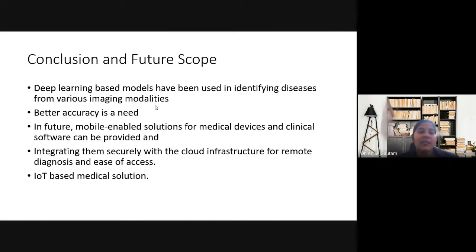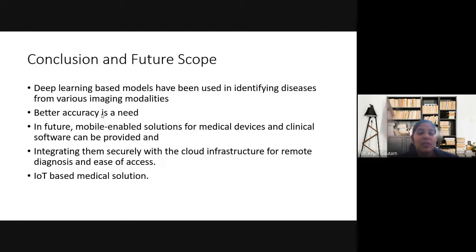And for the future, we can design the algorithm in such a way that we can have better accuracy, so that medical experts can use it as a tool to find more accurate results and give the results to the patient in a timely manner, to predict this disease in a timely manner.